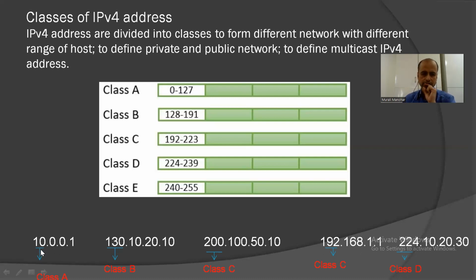Suppose this first value is 10, and 10 comes into the range 0 to 127, which means this IP address belongs to class A. And 130 comes in the range of class B, that's why this IP belongs to class B. So you can check the class of any IP address by seeing the very first value of the IP.